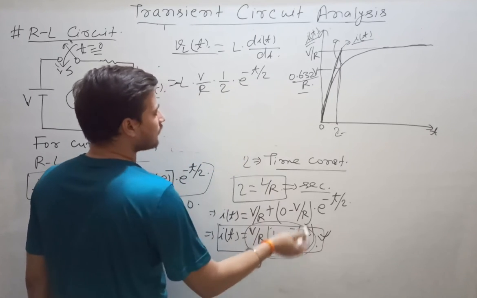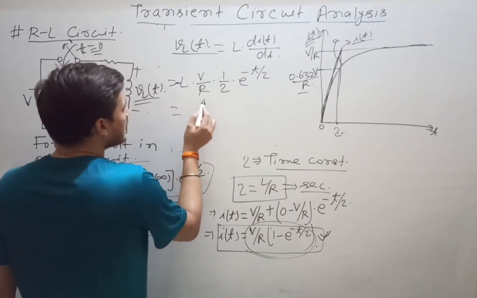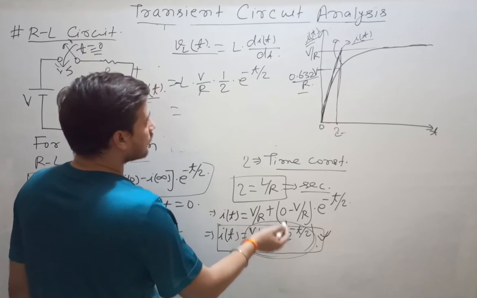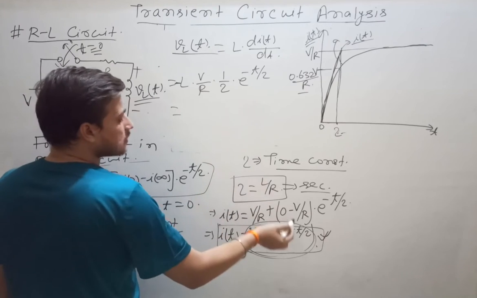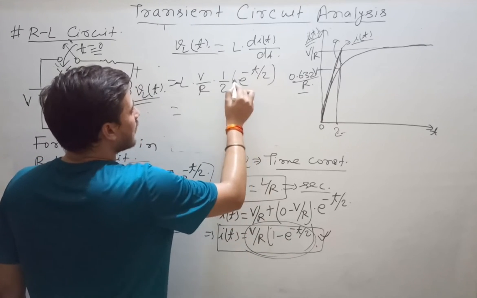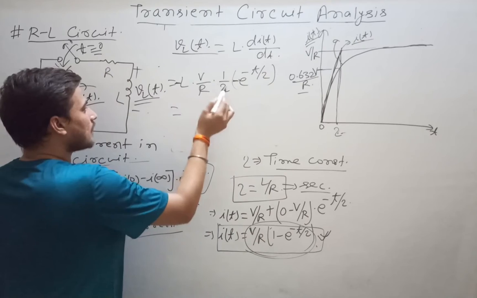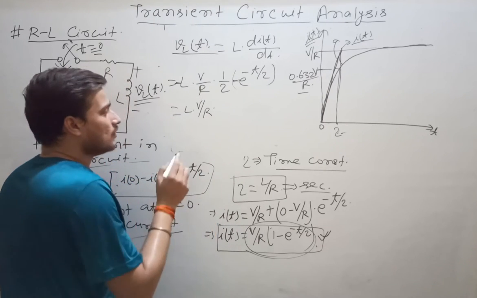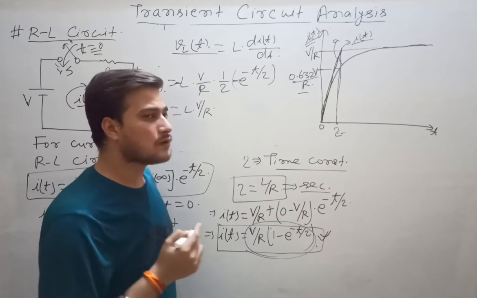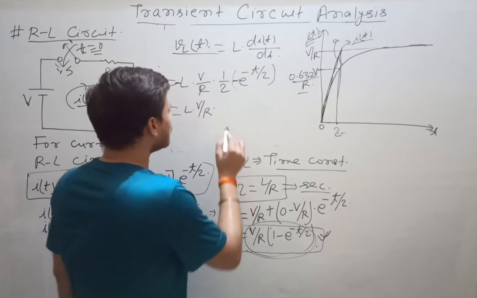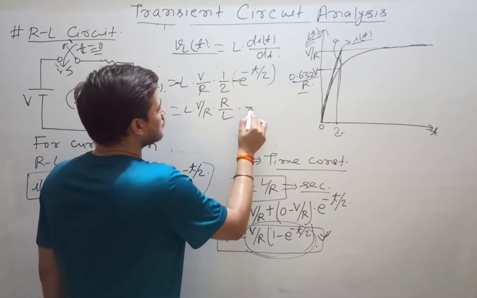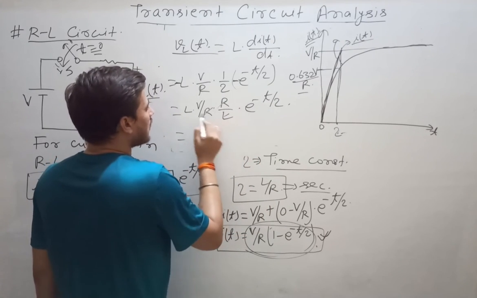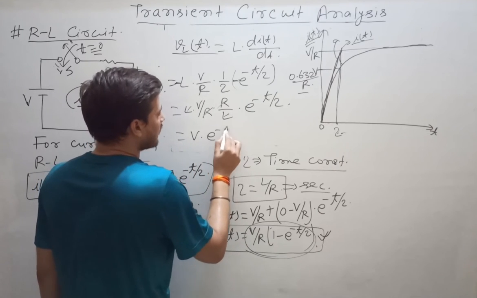Because of the minus in the exponent, there will be another minus from the differentiation, so minus will become plus. L into V by R into 1 by tau, and tau is equal to L by R, so 1 by tau is R by L, into e to the power minus t by tau. From here R and L cancel, so V into e to the power minus t by tau.